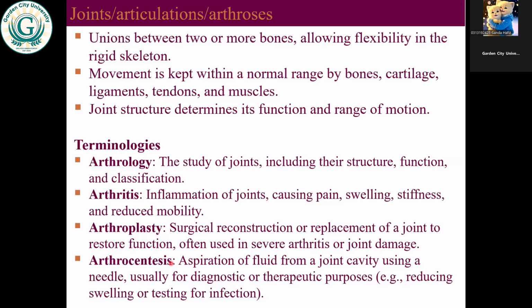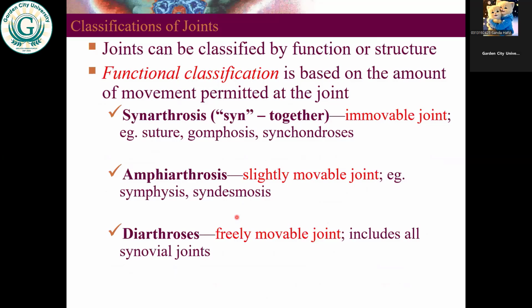Okay. So when you look at joints, you can classify joints structurally and functionally. Functionally, we have immovable joints, slightly movable joints, and freely movable joints. Immovable joints are also called synarthrosis. Slightly movable are amphiarthrosis, and freely movable are diarthrosis.